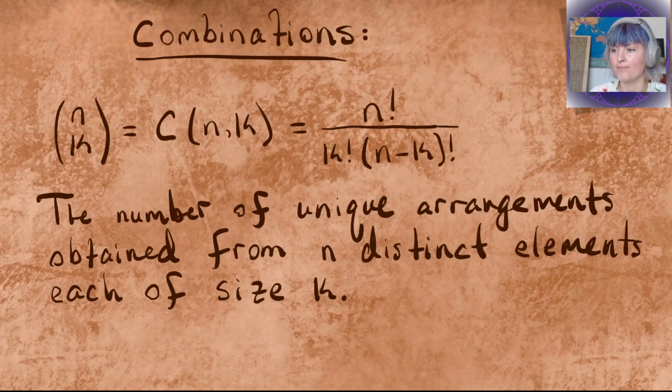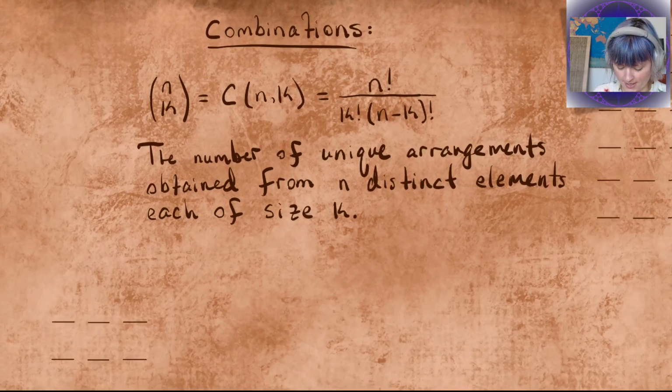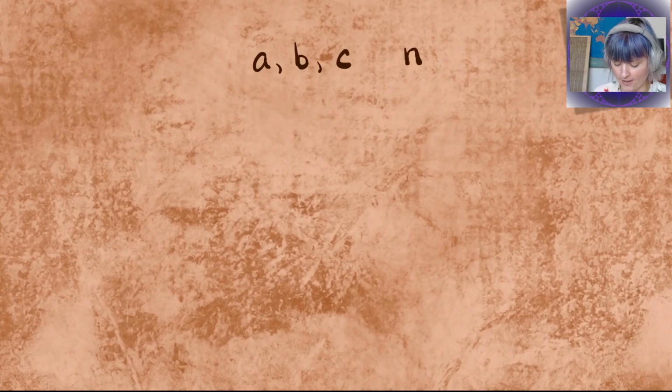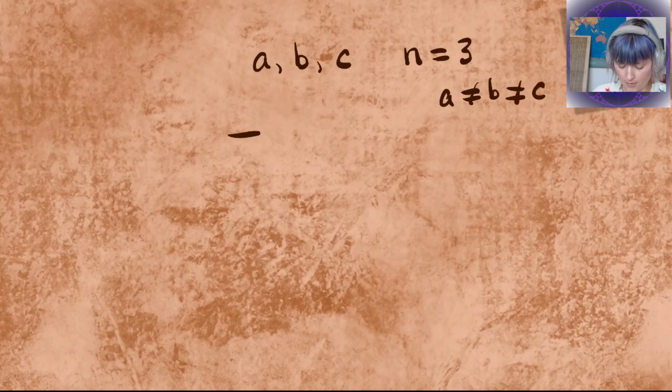or you might have heard this as n choose k. The difference between a permutation is they're both arrangements. I have A, B, and C. I've got three distinct elements here. A not equal to B, not equal to C. But with a permutation, I have order.